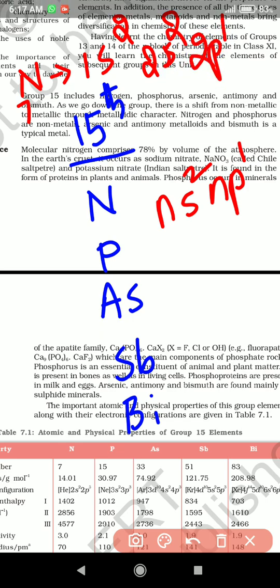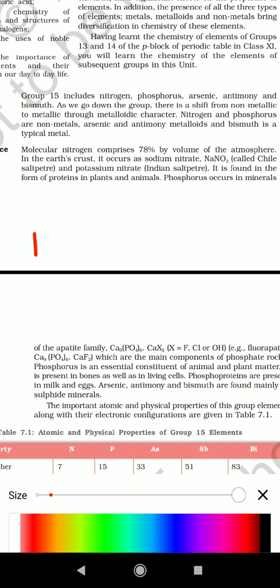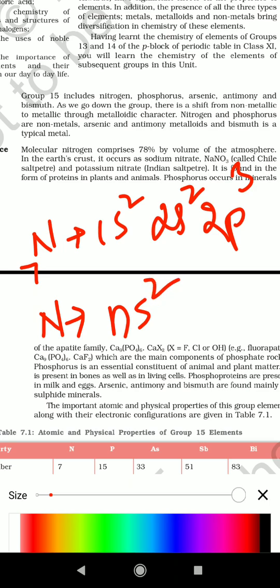So nitrogen atomic number is 7, therefore we write the electronic configuration 1s2, 2s2, 2p3. Therefore, the nitrogen family electronic configuration is ns2 np3.